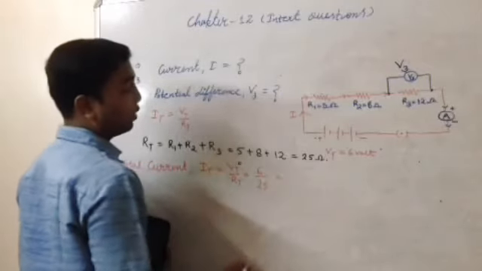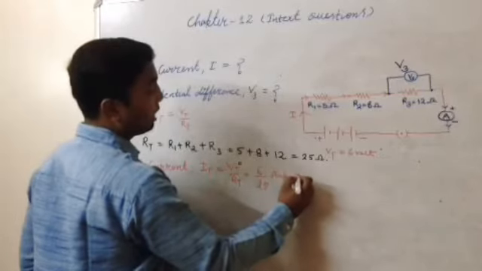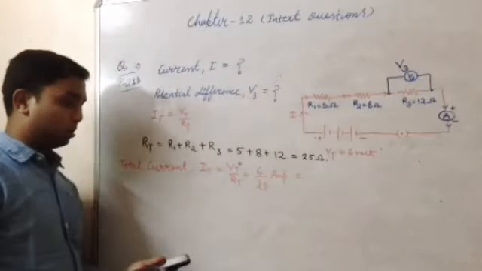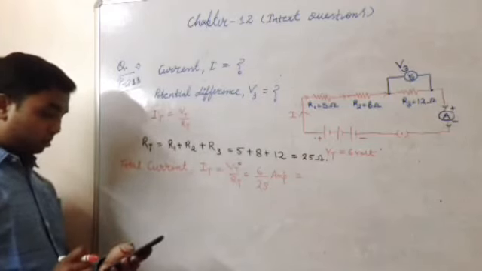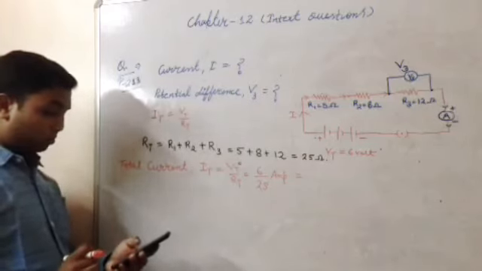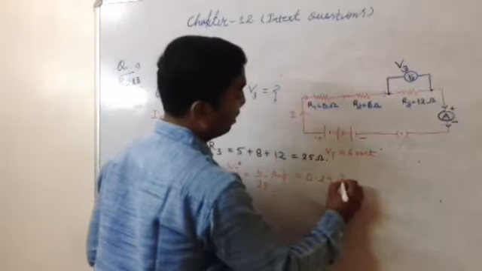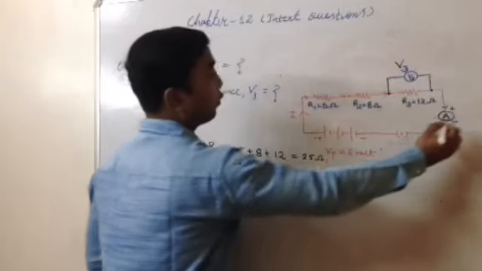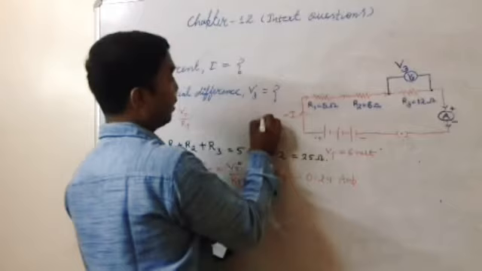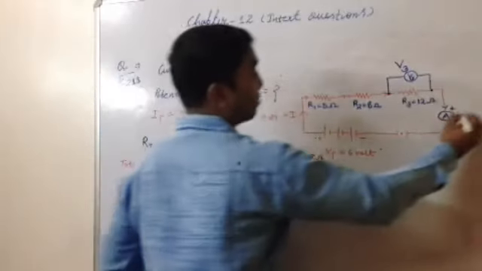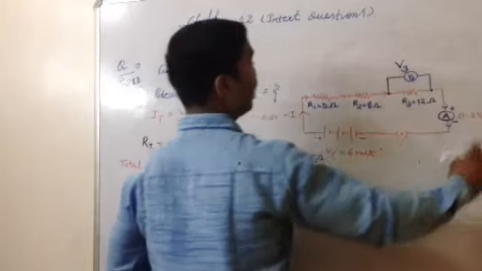Tell me the current that is flowing. 6 upon 25 ampere we can leave here if you want, or you can work out how much it is. Solve it. 0.24 ampere. So this is the current flowing through the ammeter. The same current would be passing from here, 0.24 ampere. This is the ammeter reading.